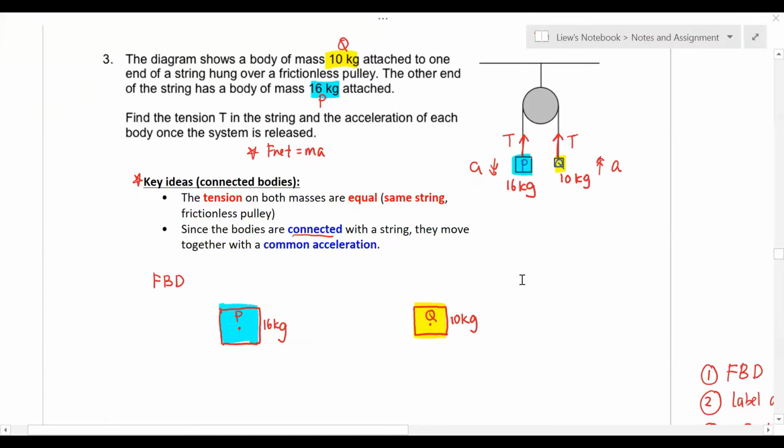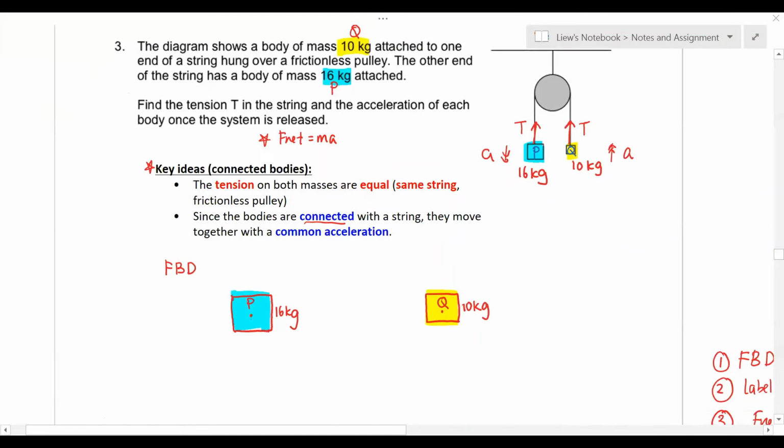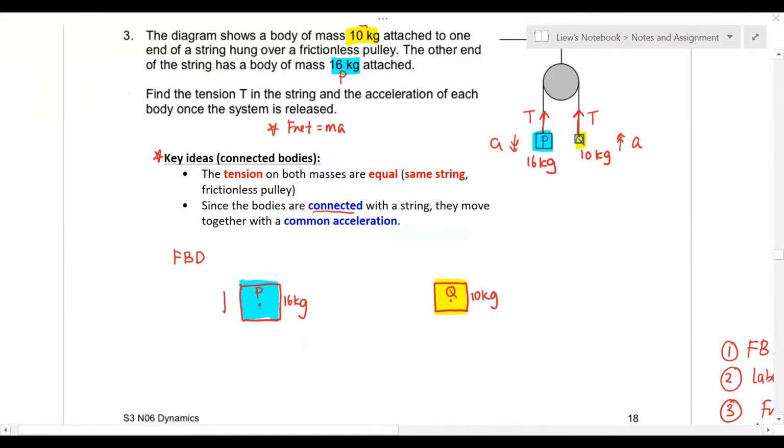So we're going to transfer all this information into a free body diagram. Body P accelerates downwards with acceleration A. Body Q accelerates upwards with the same magnitude of acceleration. Body P is 16 kg, so it has a weight of 16 times 10, 160 newtons, pointing vertically downwards.